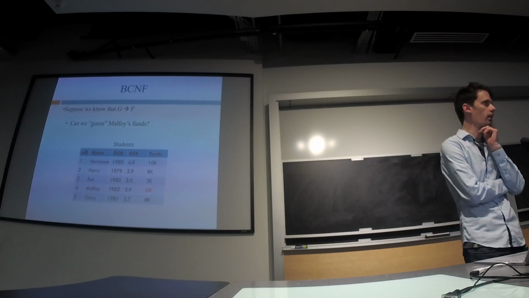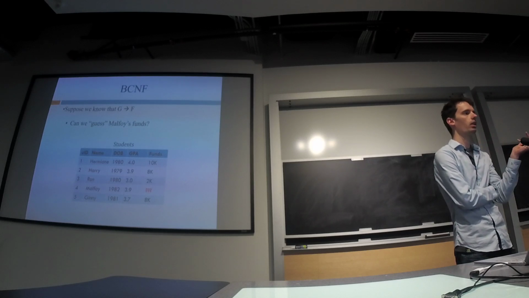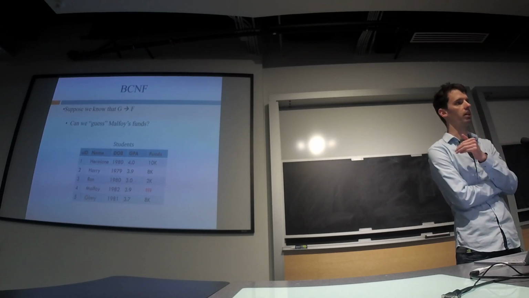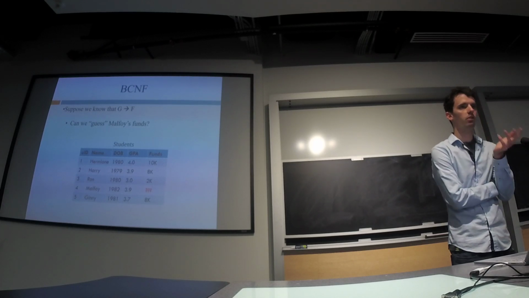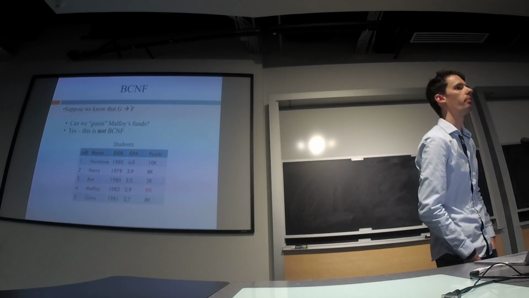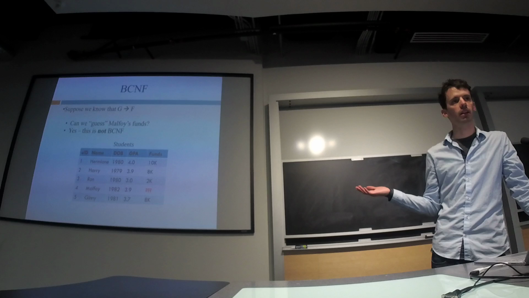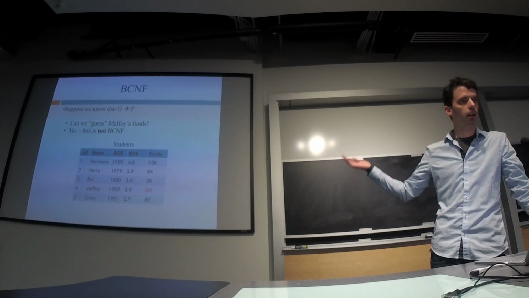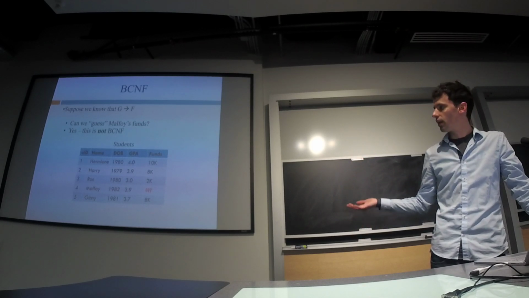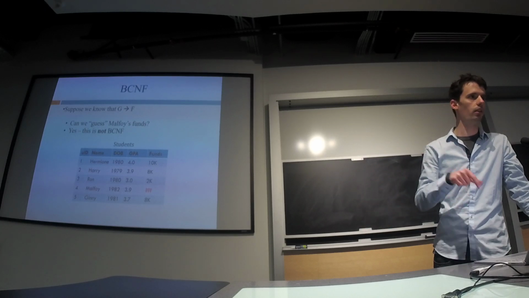Can we guess the funding that Malfoy is receiving? Yes, we can infer that value given other information in the table plus the functional dependency. Since we can infer that value, that means that this is not in Boyce-Codd normal form. That's basically the problem we were trying to solve. We don't need to store all these duplicate fund mappings. If I know someone's GPA, I can infer their funds, so I don't need to save the funds along with that row.